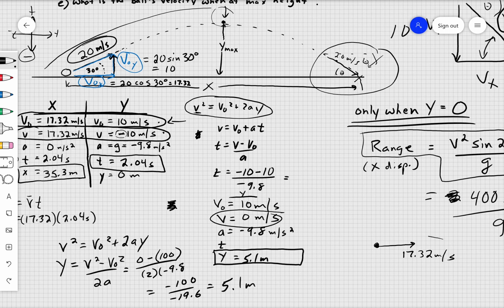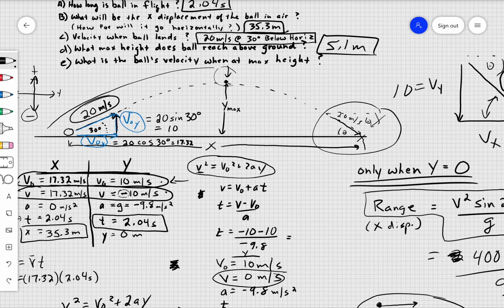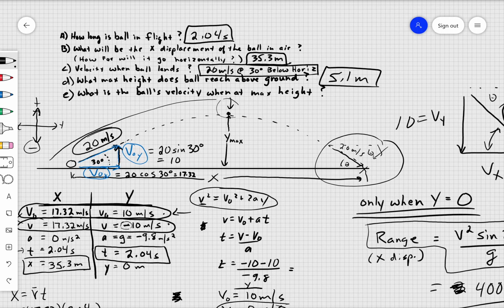So the x component is all it has. So at its maximum height, its velocity is 17.32 meters per second to the right or in the positive x direction. And that is the solution in its entirety.